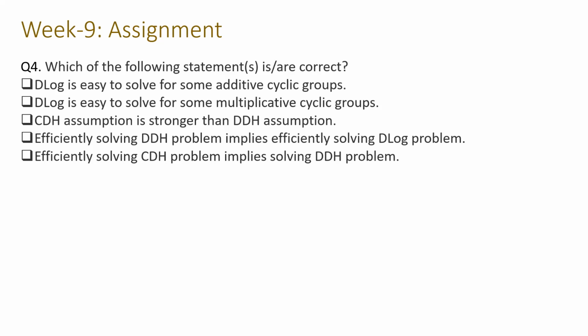If you were able to determine the value of alpha from the given g to the power alpha and the value of beta from the given g to the power beta, then you yourself can compute the value alpha beta and then the exponentiation, that is g to the power alpha beta. This computation is easy, and then you are easily able to say whether the third component is equal to g to the power alpha beta or not. So that's why solving the D-log problem implies solving the DDH problem, but not the reverse statement. Okay, so the fourth option is incorrect.